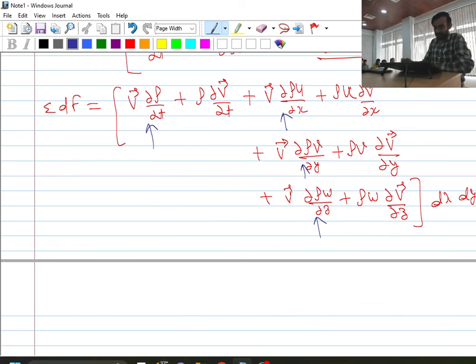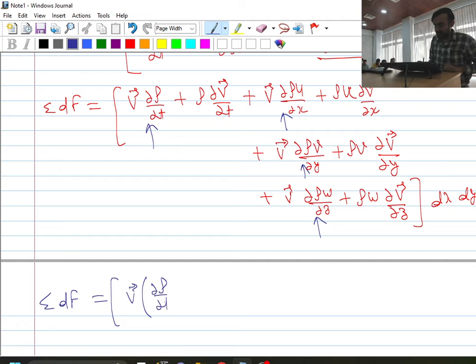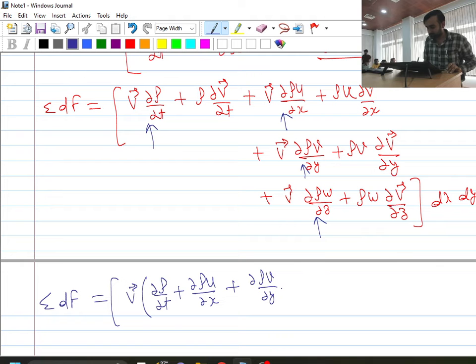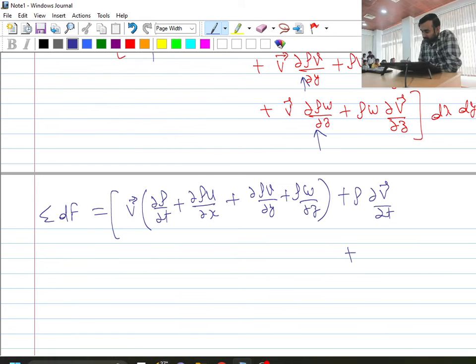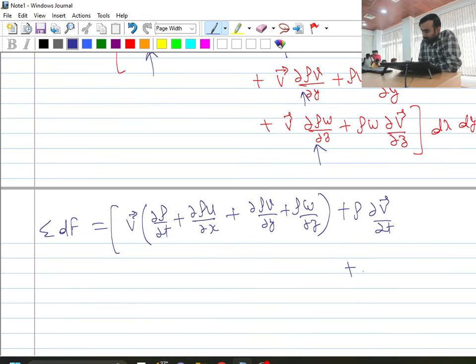So ultimately what I will be getting, sum of all forces in that direction is equal to V vector times del rho by del t plus del rho u by del x plus del rho v by del y plus del rho w by del z, plus rho times del V vector by del t, plus rho u into del V vector by del x plus rho v into del V vector by del y plus rho w into del V vector by del z. Okay, so this whole outside will be dx dy dz.